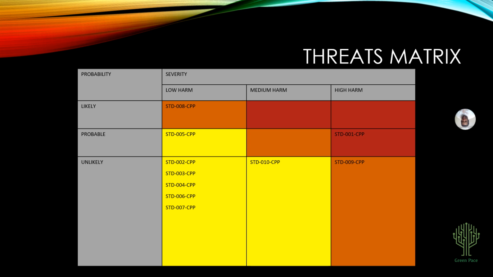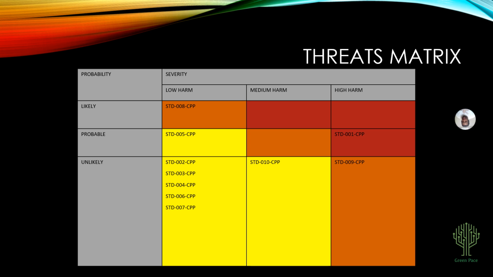STD004 CPP for SQL injection has medium severity, a probable likelihood, a high remediation cost, and a low priority level at level 2. STD005 CPP memory allocation slash delocation has low severity, probable likelihood, low remediation costs, and priority level medium, which is 6.